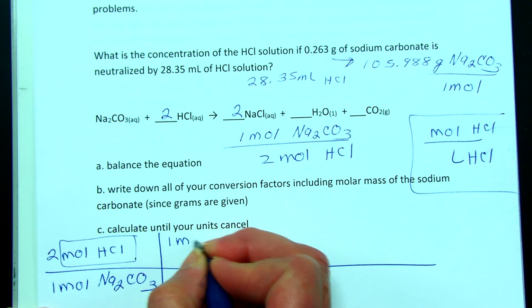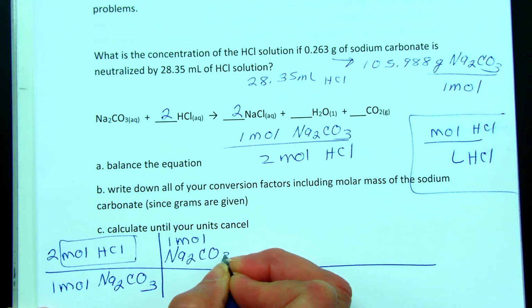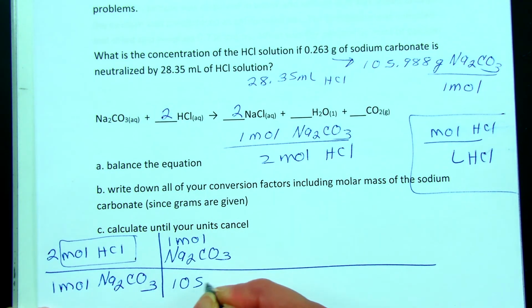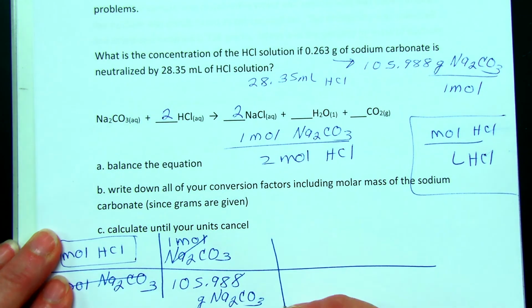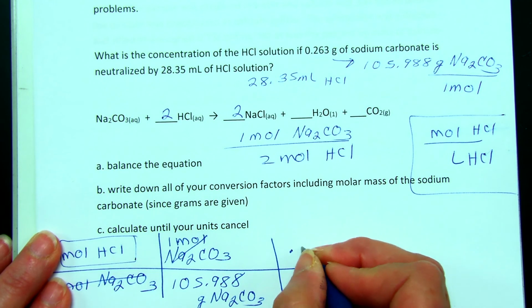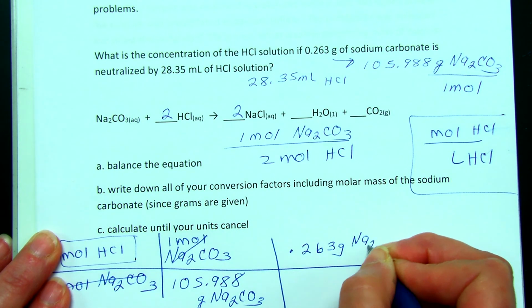Well, I use my molar mass. 1 mole of sodium carbonate has a mass of 105.988 grams of sodium carbonate. Now I have grams of sodium carbonate and I need to get rid of that. So I'll use this 0.263 grams of sodium carbonate.